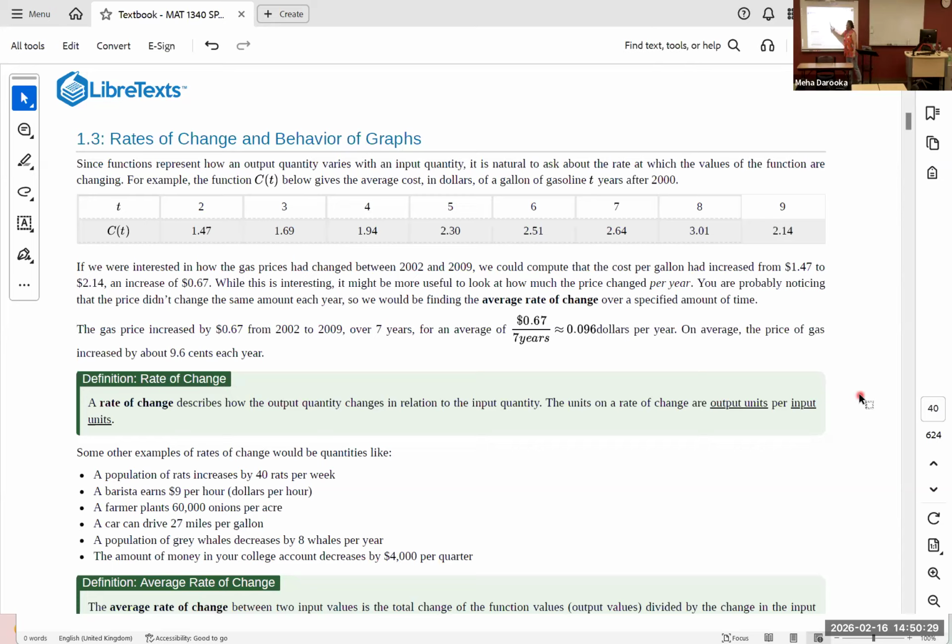Does anybody know what was happening in those years from 2005 to about 2008, 2009? So 2005 was when Katrina happened. And that really skyrocketed gas prices because, being a coastal city and a port, a lot of the gasoline was not coming in. 2008, 2009 was when we hit recession.